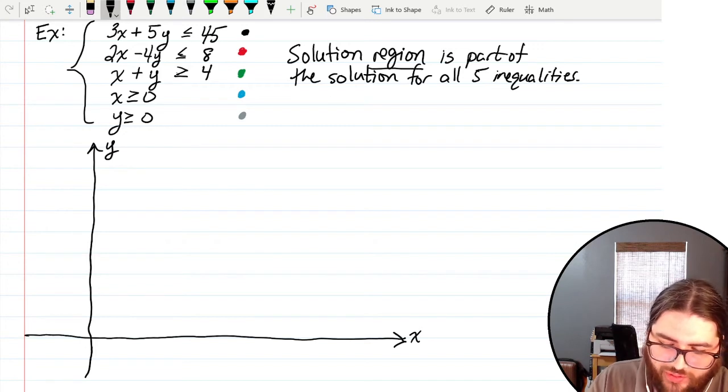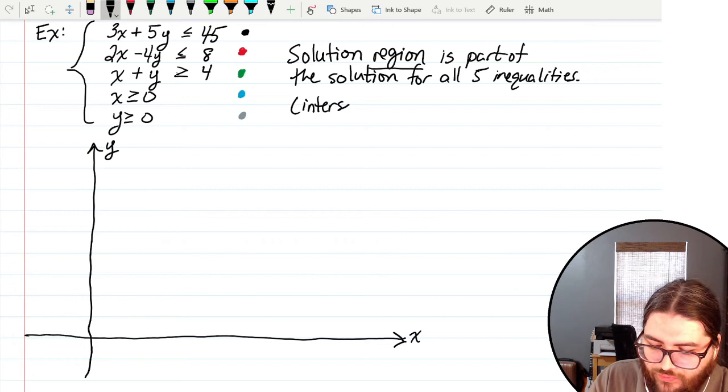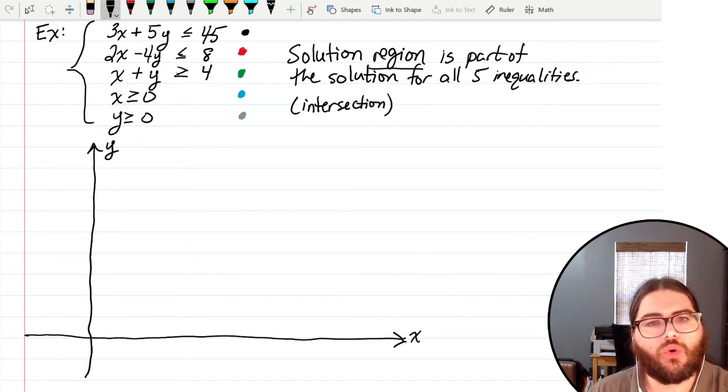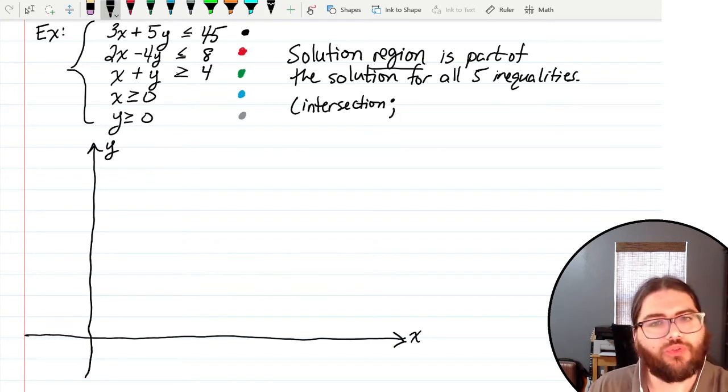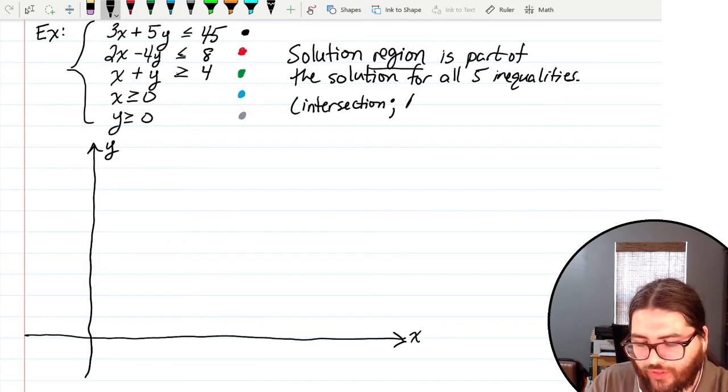So you might say that I'm looking for the intersection of all 5 inequality graphs. If you've taken a logic class before, you might recognize that I'm looking for the "and" to connect all these together.